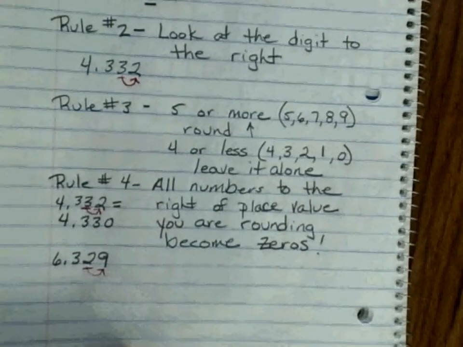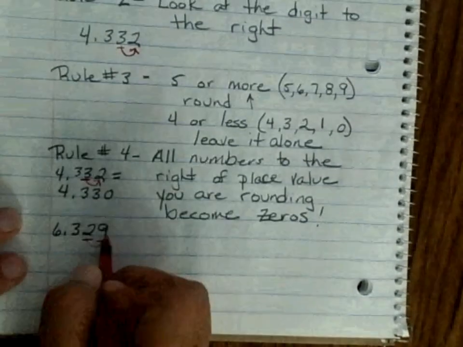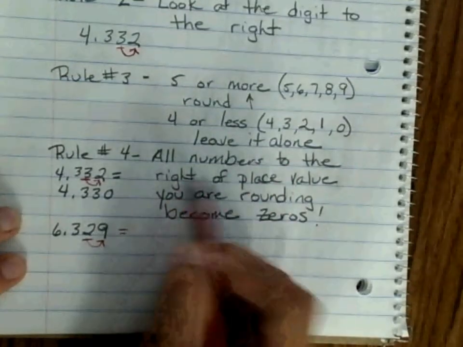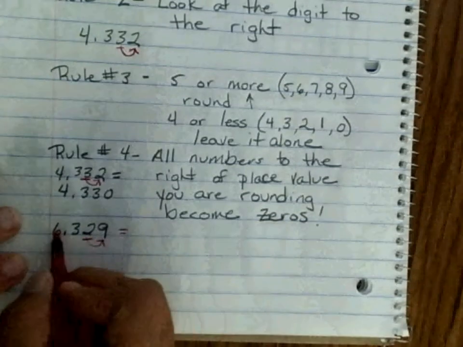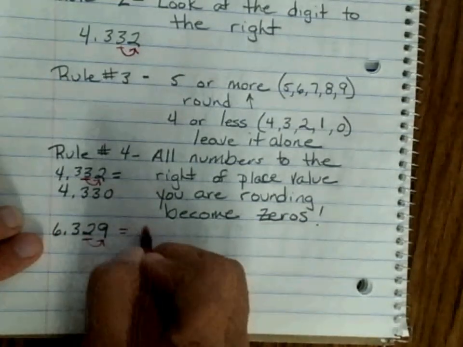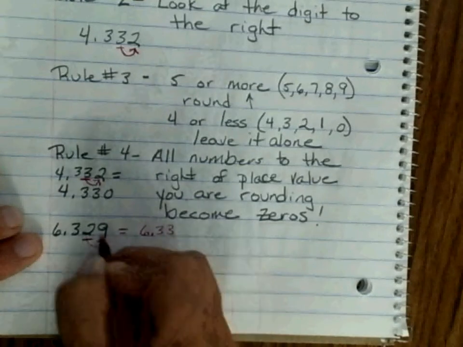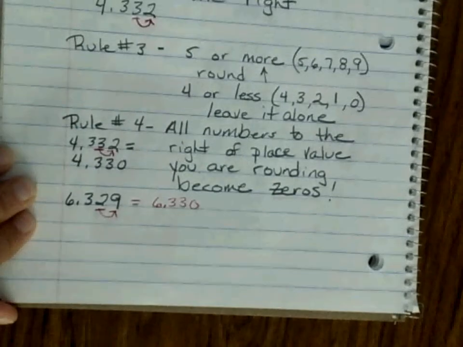Is the 9 big enough? Yes, it is. So that means the 2 becomes a 3. And remember, all numbers to the right of the place value you're rounding become zeros. So we have 6, 3, and that becomes a 3, and the 9 becomes a 0.